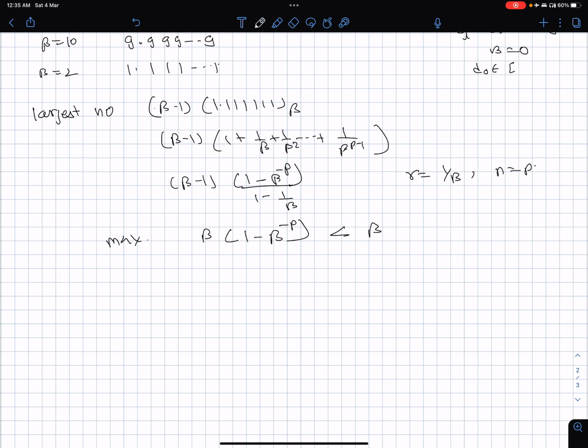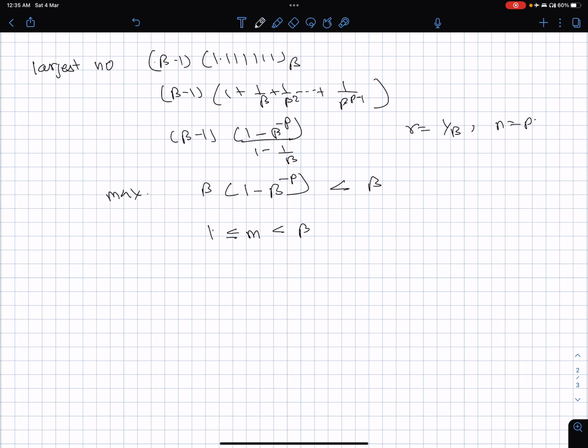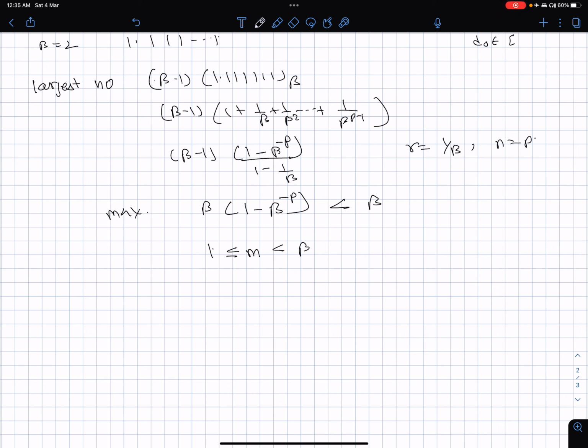Hence I said that the mantissa satisfies this property; this fixes your range for the mantissa. Its minimum value is 1 and the maximum value is always strictly less than beta. So if beta is 10, the base is 10, then the mantissa in our representation will always be between 1 and 10.